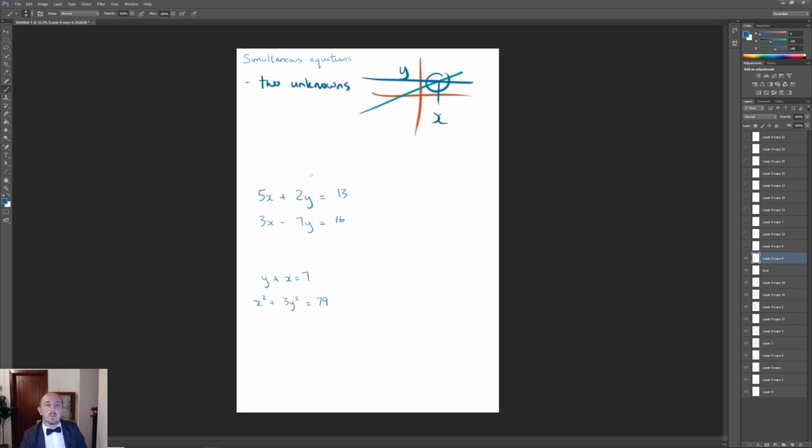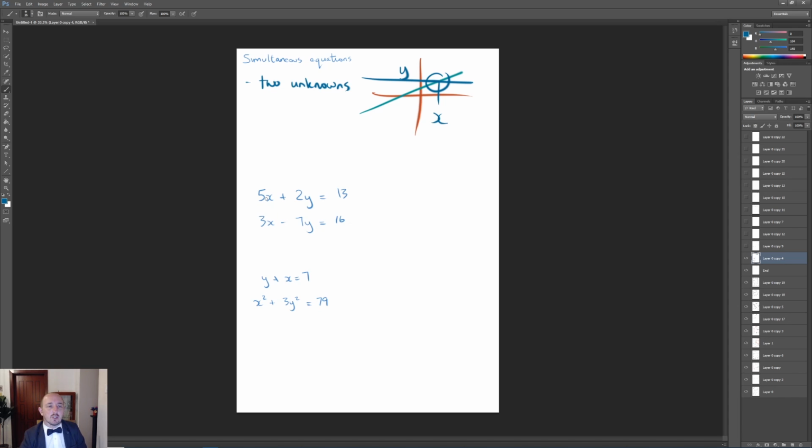So the basic ones are the two linear equations which we have here, 5x plus 2y equals 13, 3x minus 7y equals 16. And students would like to usually double one of these or triple it or something like that, so you get your terms the same. So in this first case, I've got 5x and 3x.